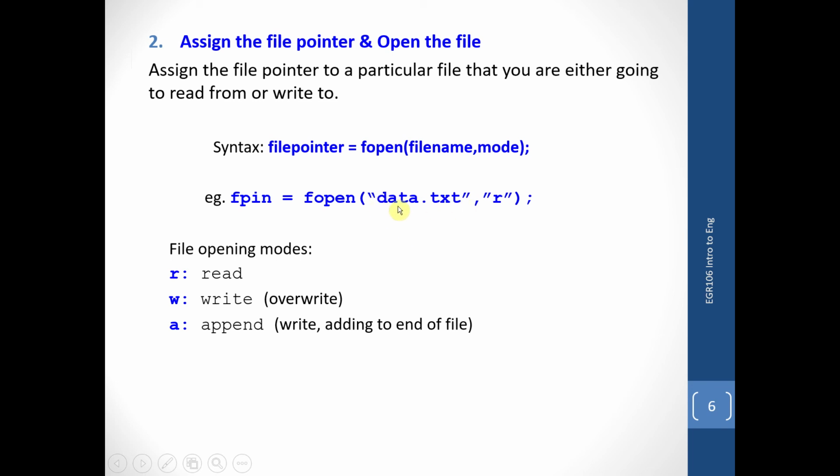Now, this text file, if I do it like this, has to be in double quotes always, and must be located in the same file folder as the C file that's opening it. So when you write your code, make sure you remember where you saved it, and you have to save this text file in that same folder.